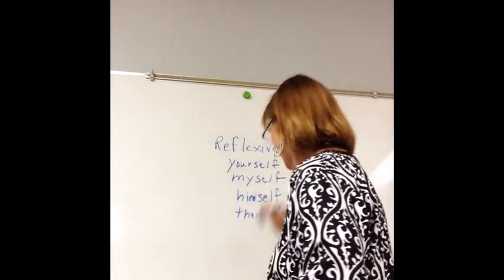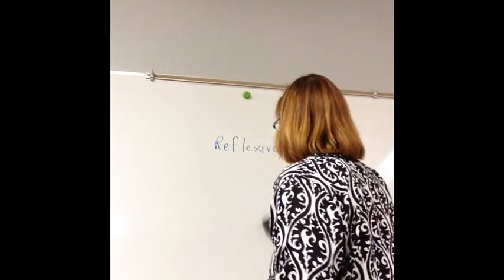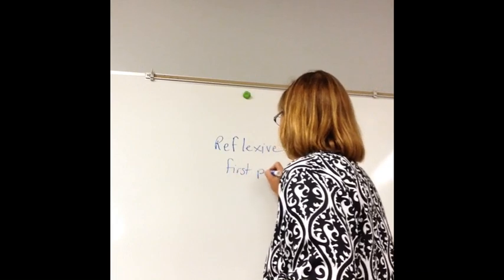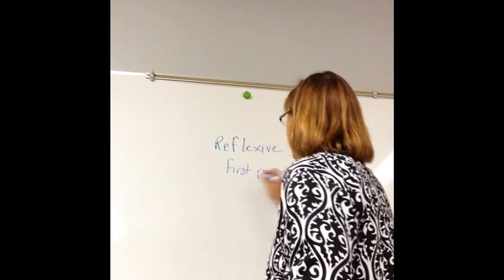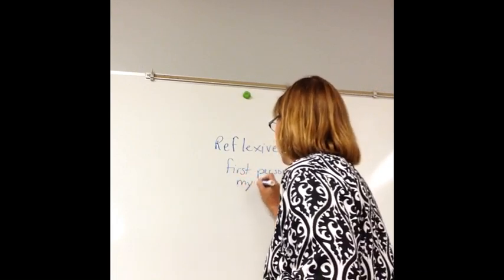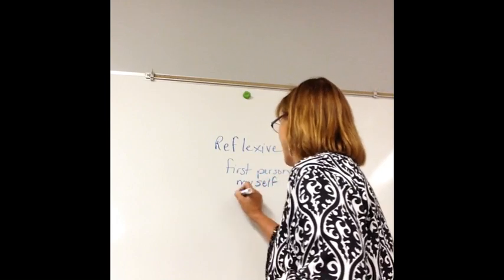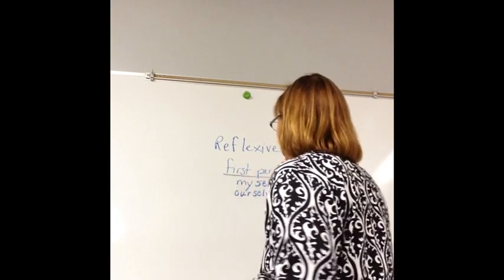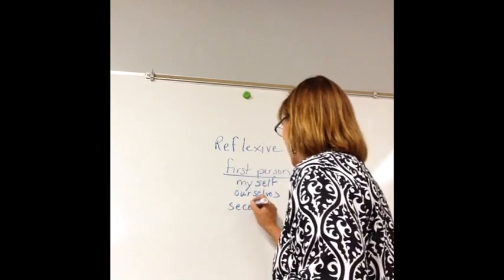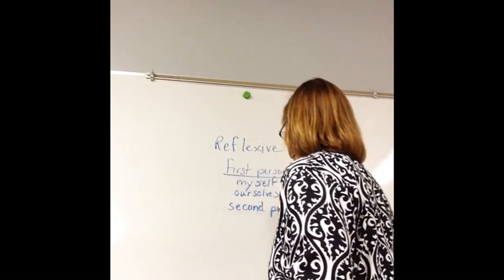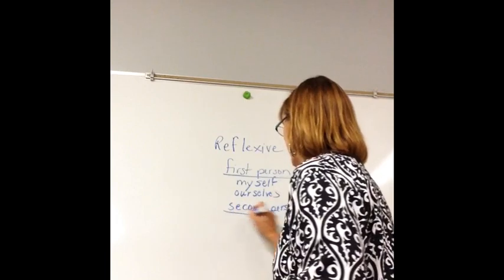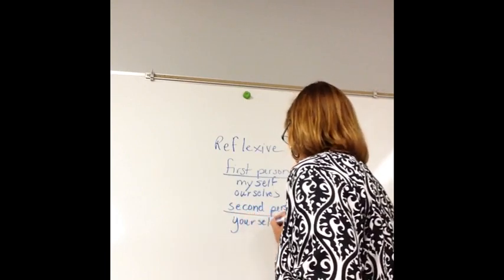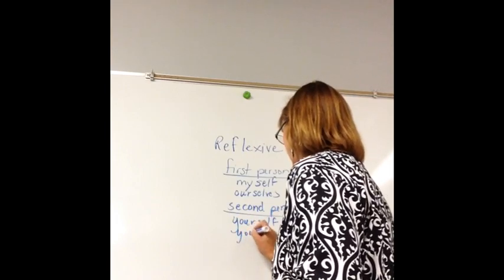So let me do it this way. We have first person reflexive pronouns, which would be myself, ourselves. We have second person reflexive pronouns, which would be yourself or yourselves.